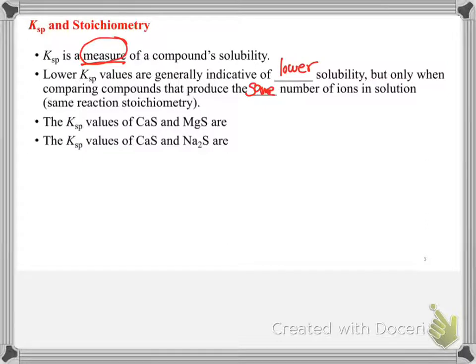For example, you can compare the KSP values of calcium sulfide and magnesium sulfide. They are comparable. Why? Because both of these solids break down to produce one cation and one anion.